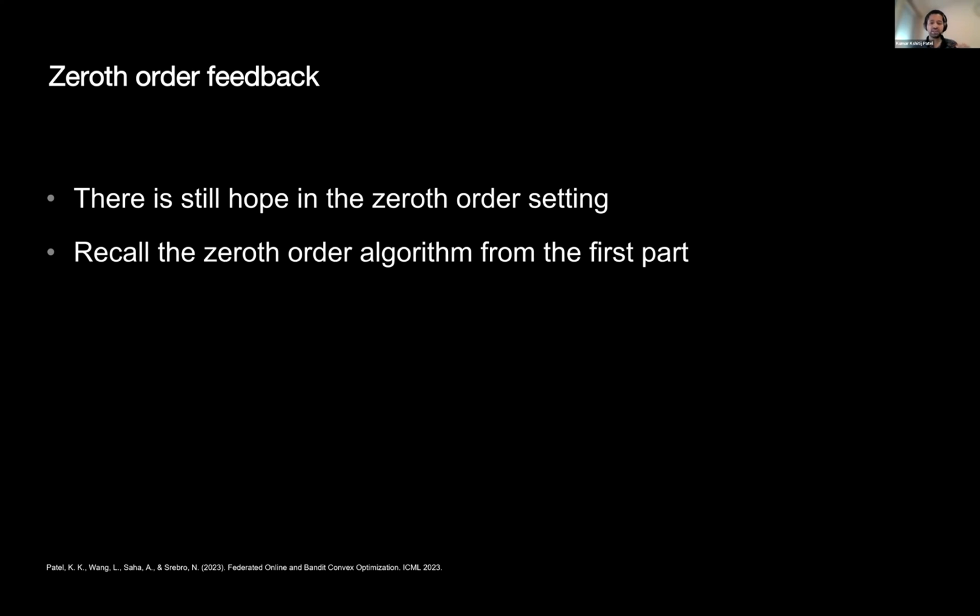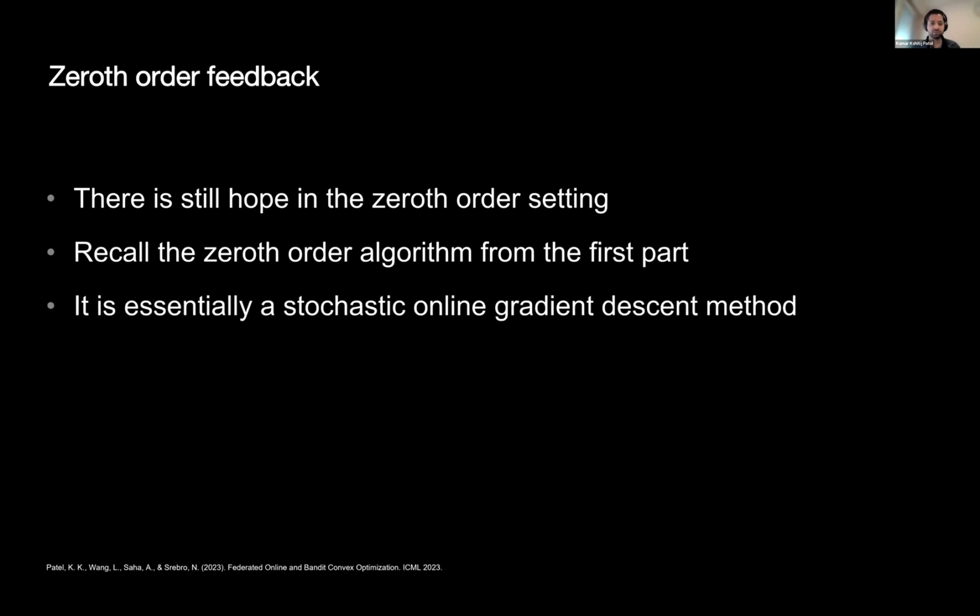Because instead of getting access to the exact gradient on that machine so that you could run online gradient descent, now you sample a vector uniformly from the unit ball and then create a stochastic gradient estimator. So it's very much like online stochastic gradient descent if you think about it.